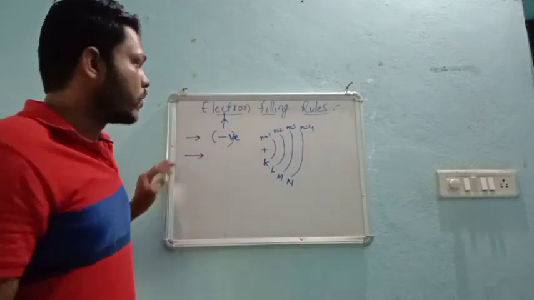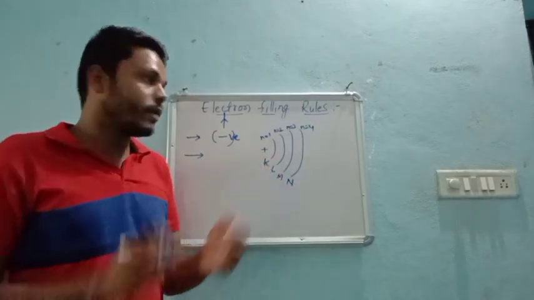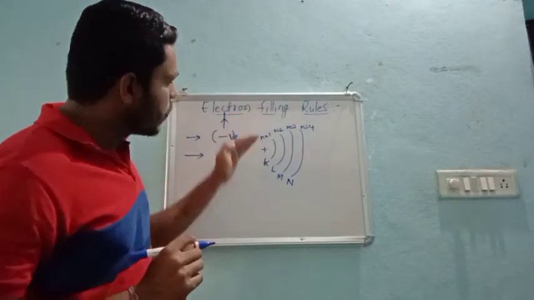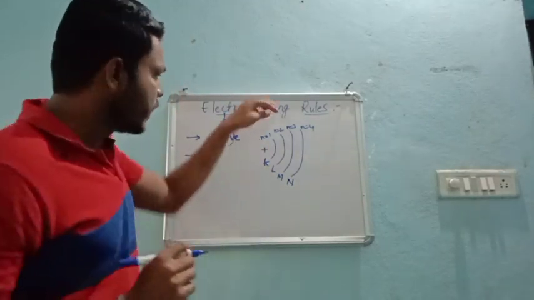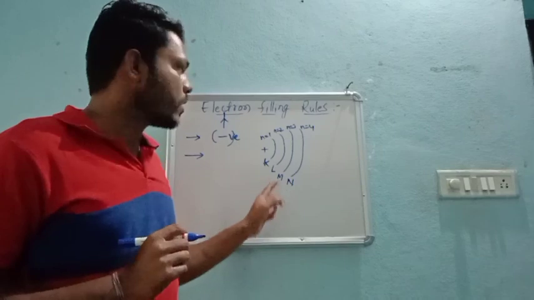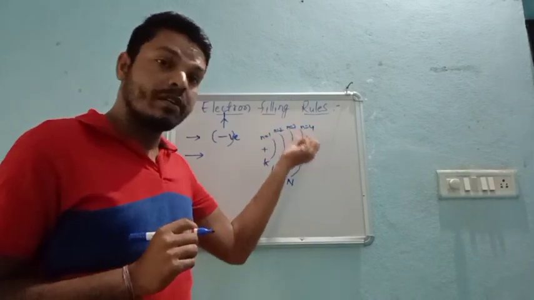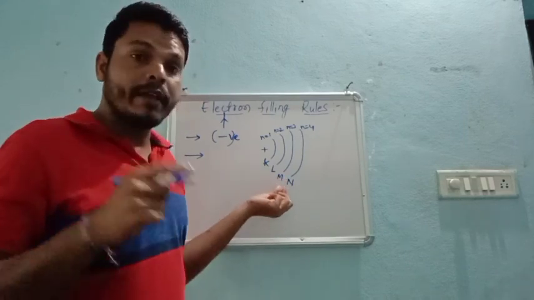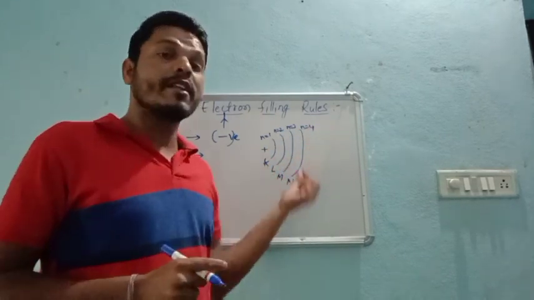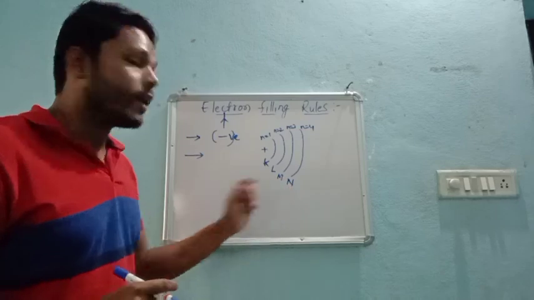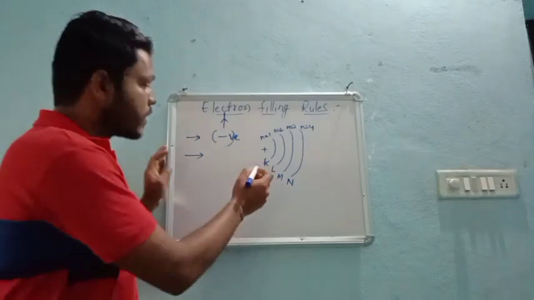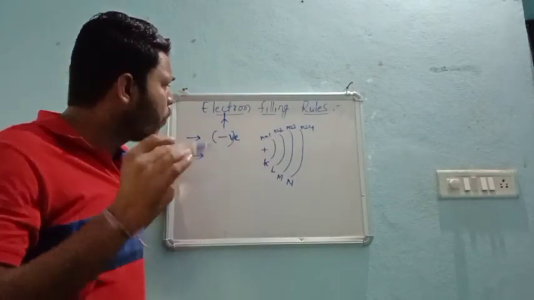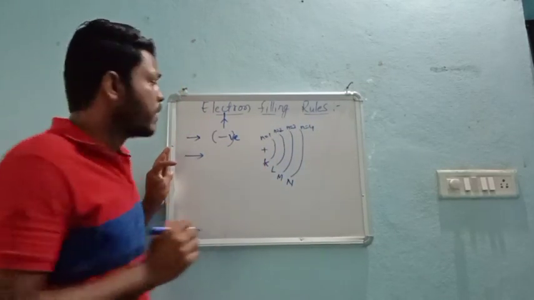Right? You saw this diagram in your book of the lower level. So n equal to 1 is the K shell, n equal to 2 is the L shell, the third energy level he denoted by M, and the fourth energy level he denoted with the letter N. What do all these indicate?